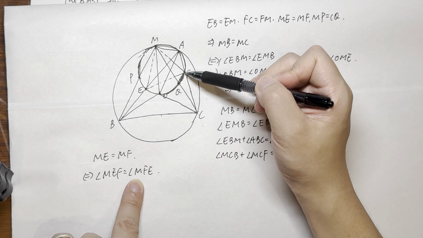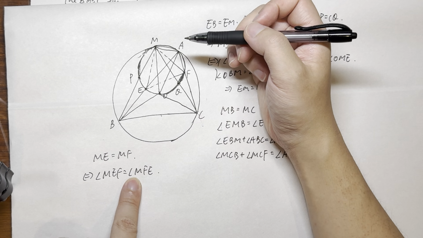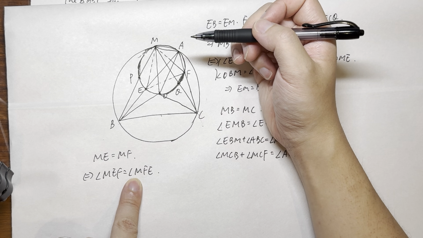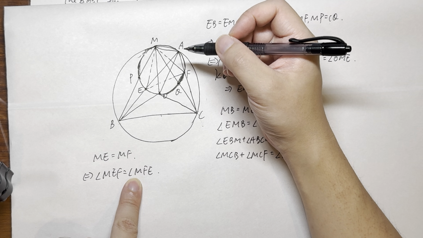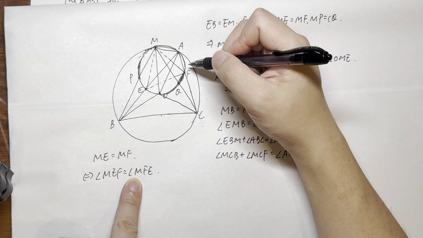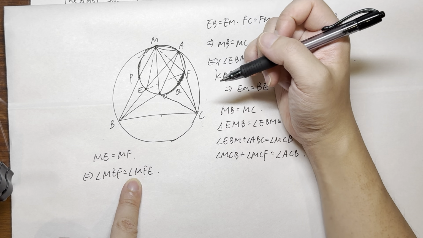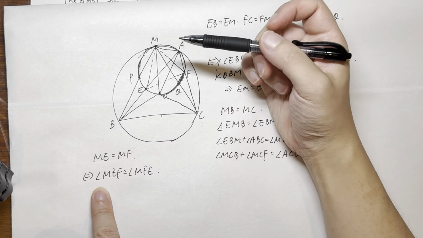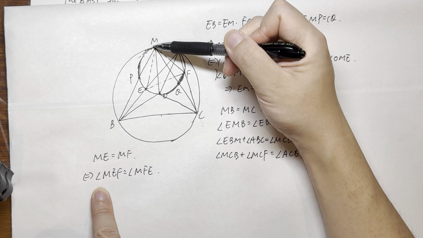I don't want to break it, because the fact is that we want to prove this triangle is congruent to this triangle. So, right down here.